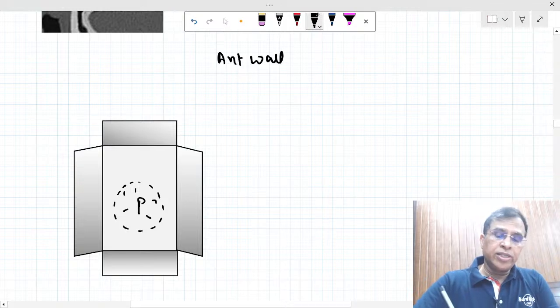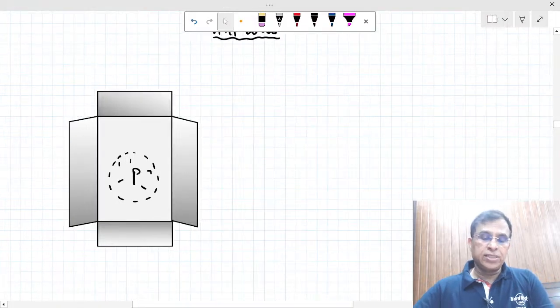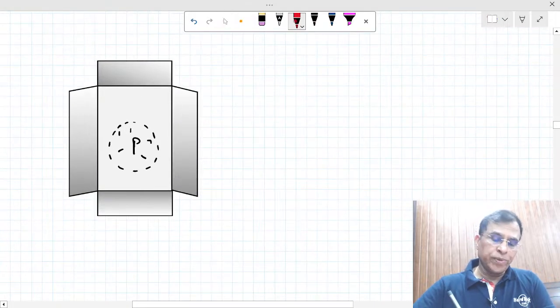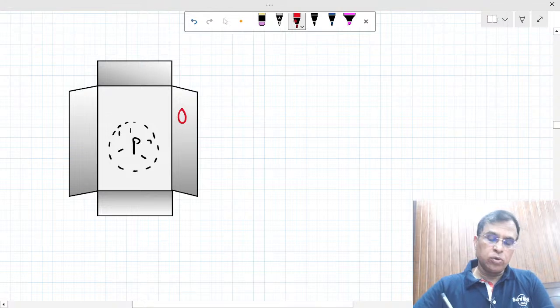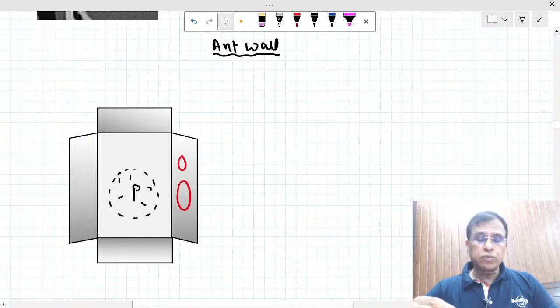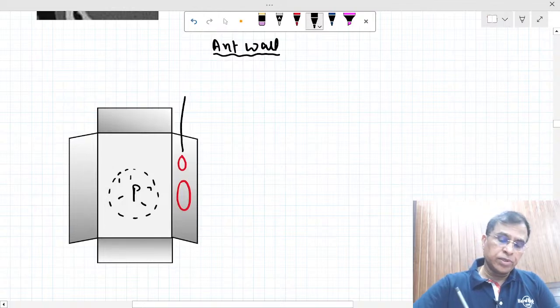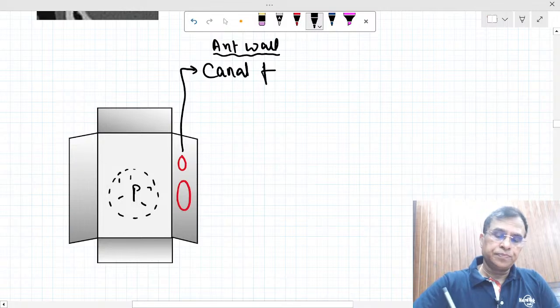So what are the things on the anterior wall of the middle ear? The anterior wall has two openings. One is a small opening like this, and below that there is a bigger opening like this. That's all. What is this small opening on the anterior wall of the middle ear?